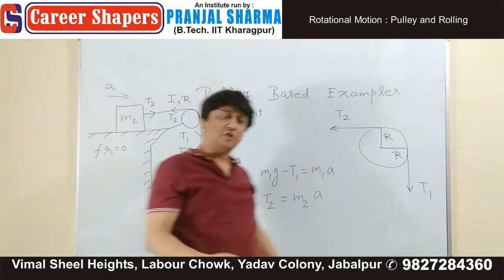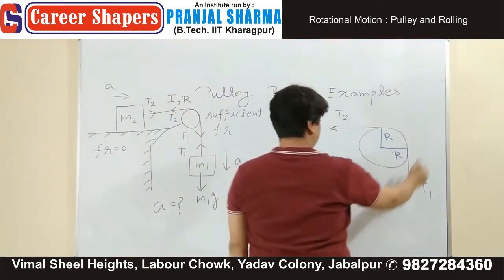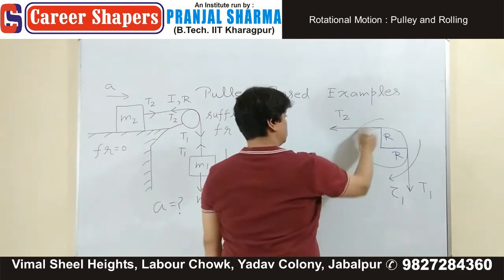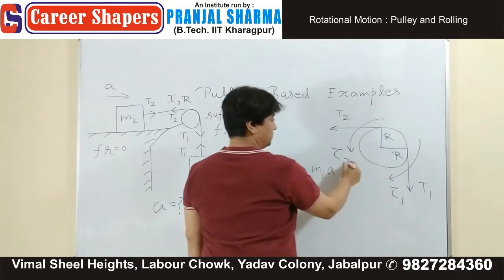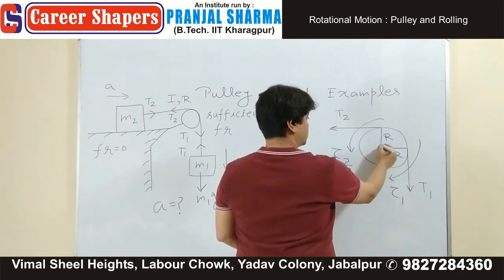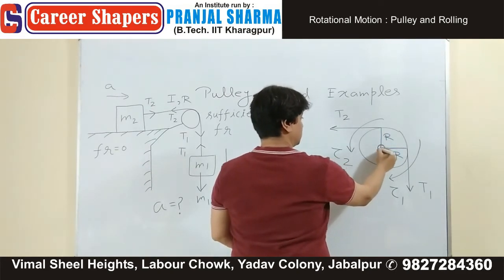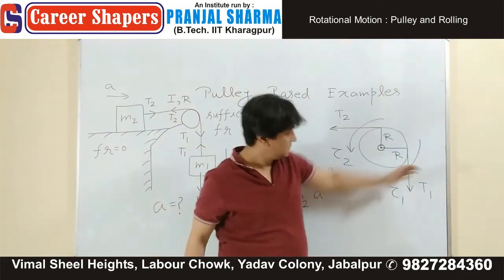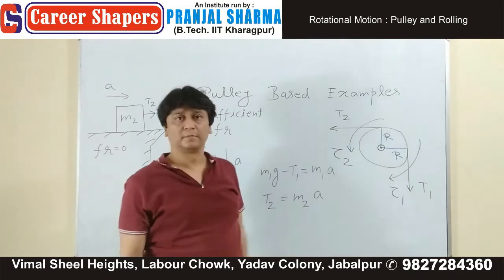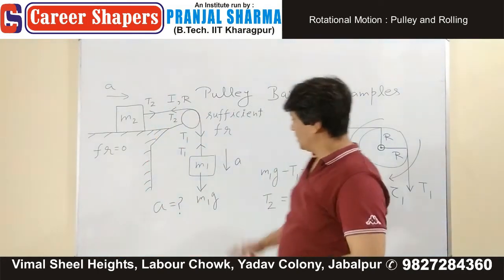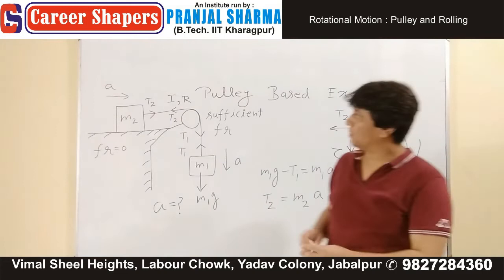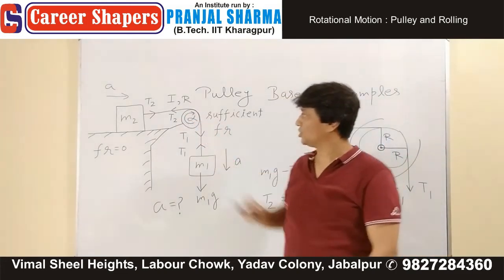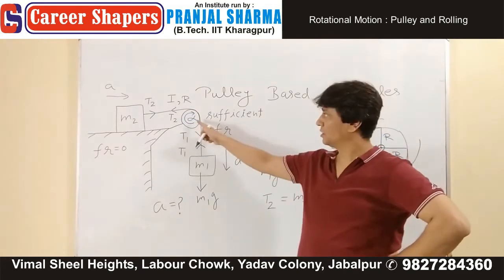And what are the signs of rotation? For T1, that's your tau 1. For T2, that's your tau 2. That's the axis. T1 wants to rotate it this way, and T2 this way. But which one is dominating? If M1 is coming down, then this pulley is going to rotate like this with an angular acceleration alpha.